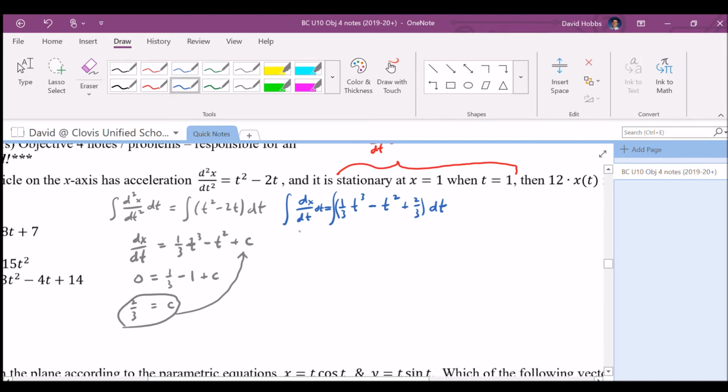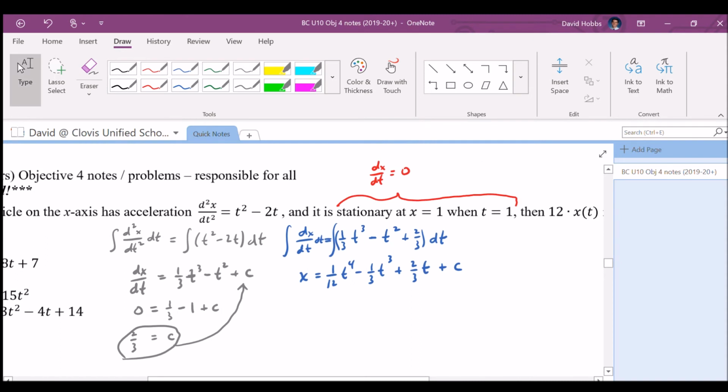Okay, so integrating 1 with respect to x, I get x plus a constant, but we move that to the other side. And I have 1/3 times 1/4 t to the 4th, so 1/12 t to the 4th minus 1/3 t cubed plus 2/3 t plus a constant.